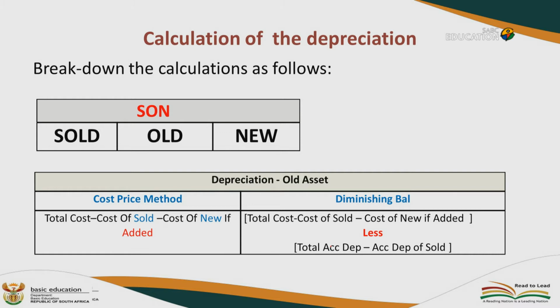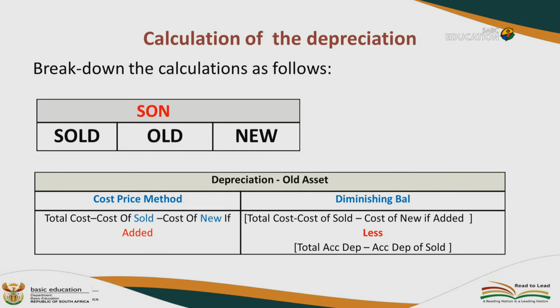When you use that method, you are going to say the total cost of all your assets. Remember, we'll be speaking about a certain category of assets. It might be vehicles. That will be excluding other types of assets. Therefore, you are going to say the total cost of your vehicles minus the vehicle that you are selling, and then minus the vehicle that you have just bought or acquired.